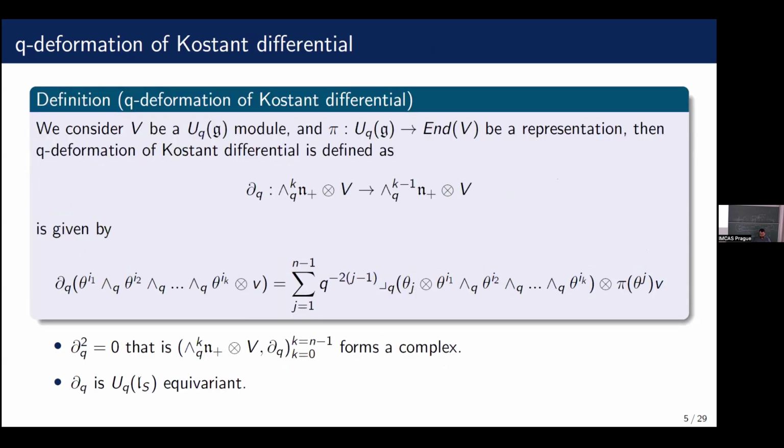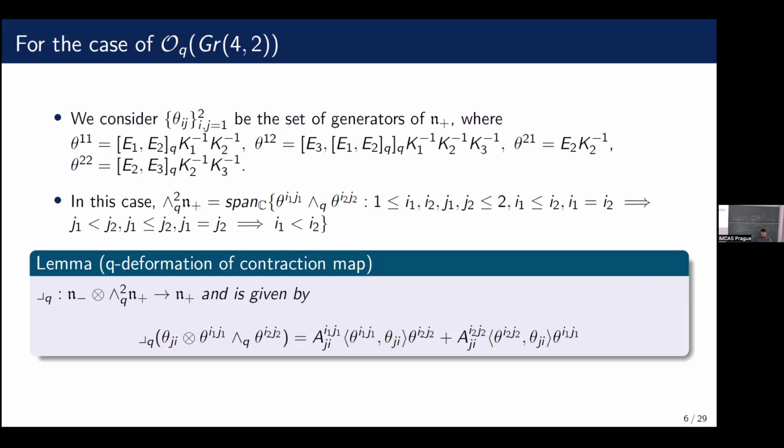Yeah. So this is what I'm saying about this Q deformation, and you can square it. It goes to 0. It means it forms a complex, and it is also U_q(l) equivariant. All right. So, for example, I mentioned the case of the Grassmannian 4-2.